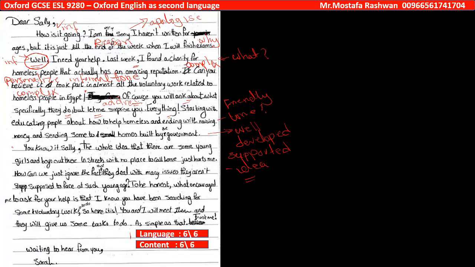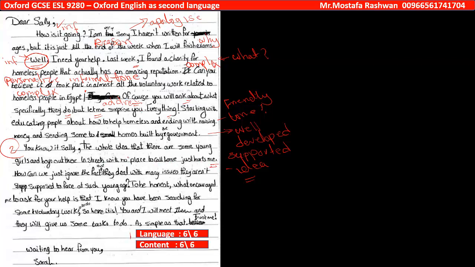He said, number 2, it's Sally, the whole idea that there are some young girls and boys out here in the streets with no place to call home just hurts me.